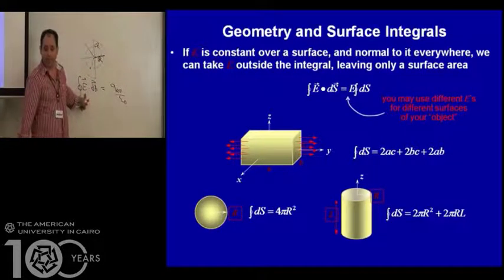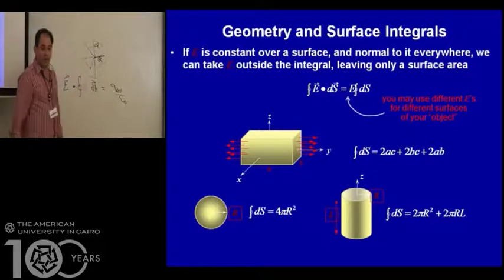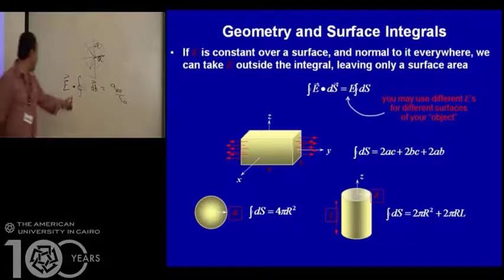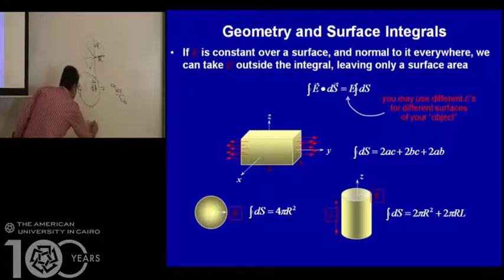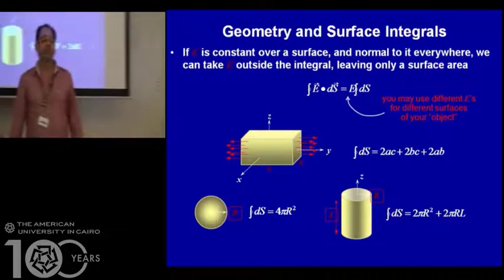Once more, the electric field on Gauss's surface is constant, so it goes out of the integration. Now, what is that integration? So it's E times 4 pi small r squared. R here is the radius of Gauss's surface.